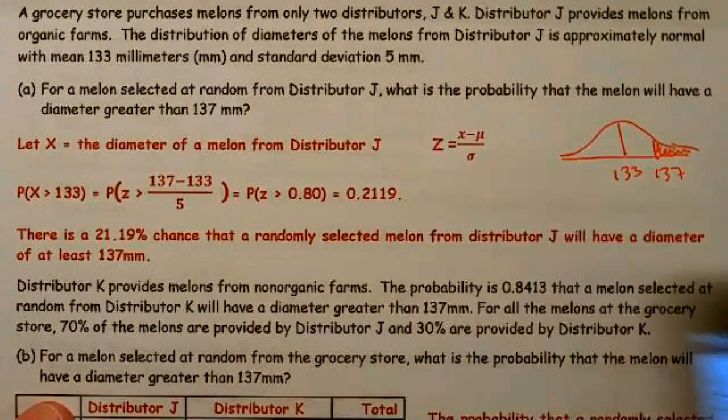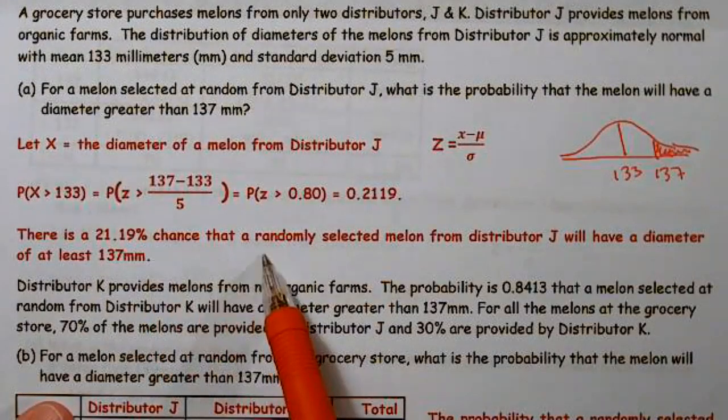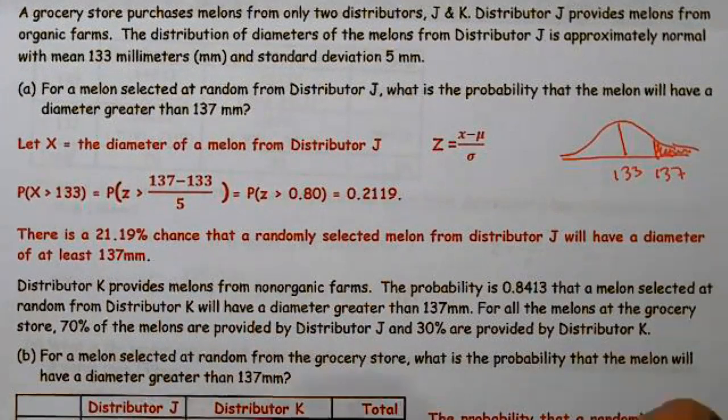So there's about a 21% chance that if we randomly select a melon from distributor J, that it'll have a diameter of at least 137 millimeters. All right.